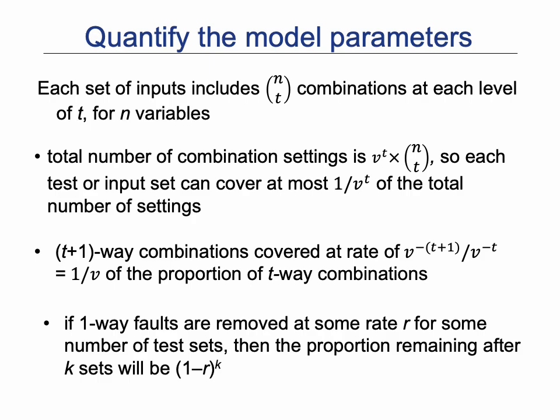Now, if we look at single factor faults and we assume that they are removed at some rate r, for some number of test sets, k, then the proportion of faults that remain after k tests or test sets will be 1 minus r to the k.